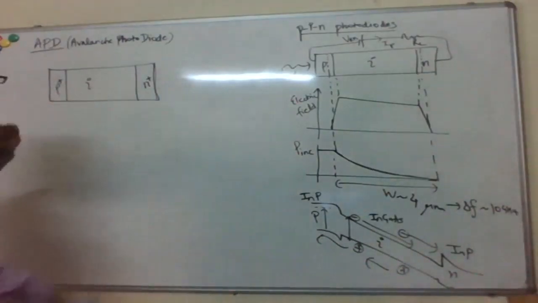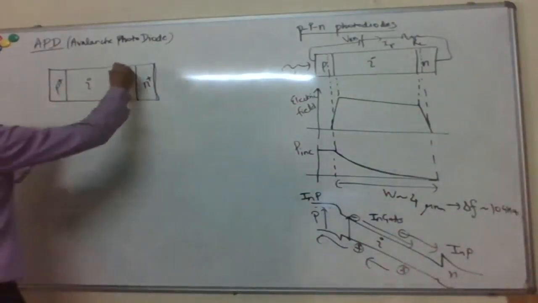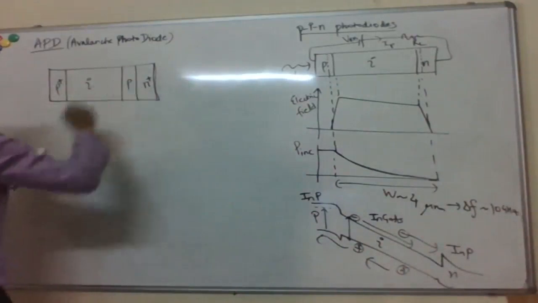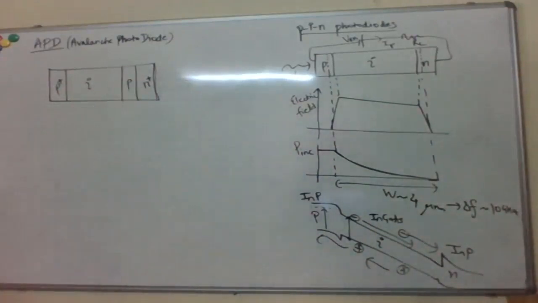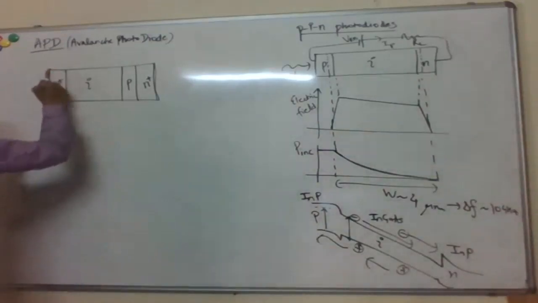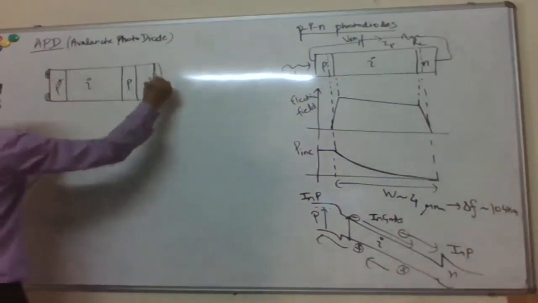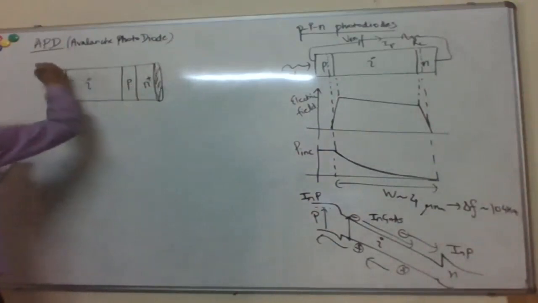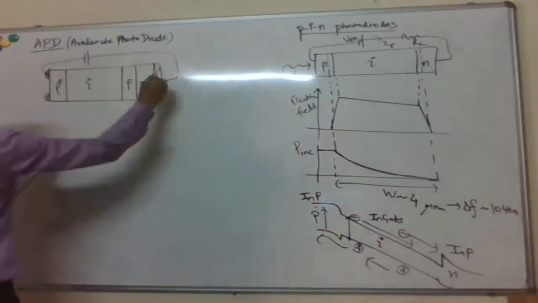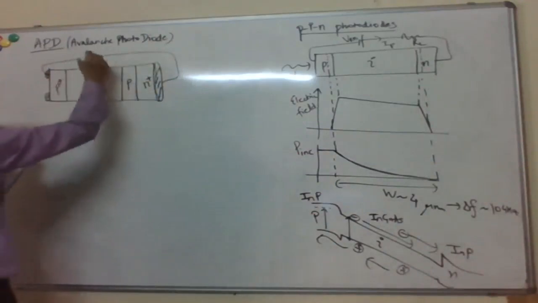So these are now P plus and N plus. And then you add another thin layer of P just before the N. And similar now, so you apply sort of reverse bias to this outer P-N junction.